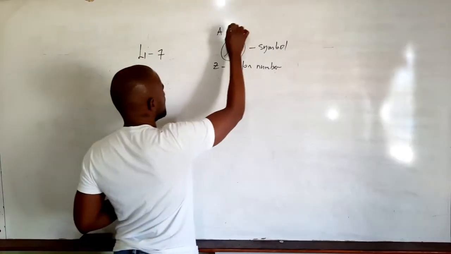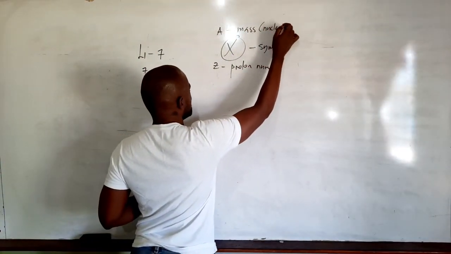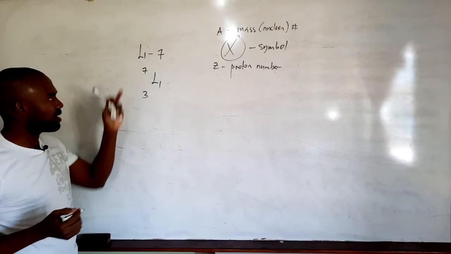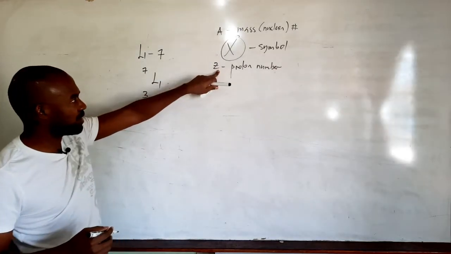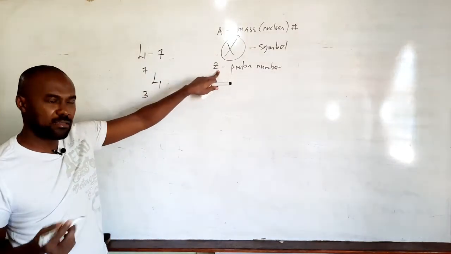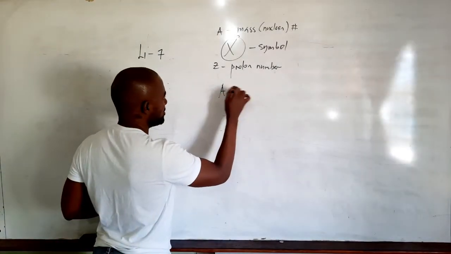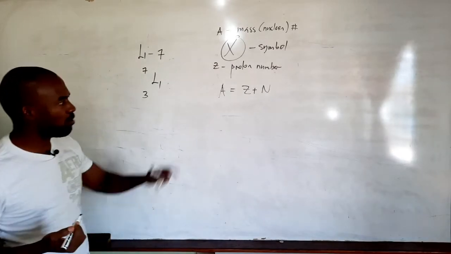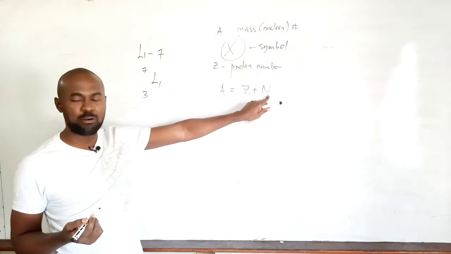And A represents the mass number, or what is often referred to as the nuclear number. So we represent lithium in that manner. The relationship between A, the mass number, Z, the proton number, and N, the number of neutrons, is this. A is equal to Z plus N. So the mass number or the nuclear number is equal to the number of protons plus the number of neutrons.